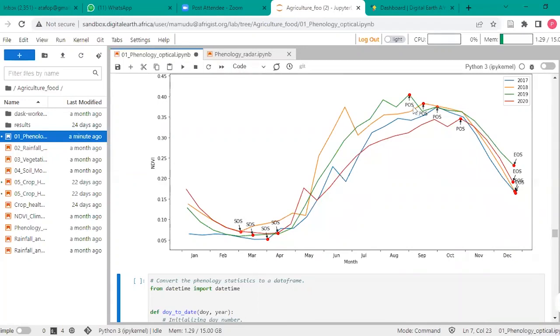The peak of the season too, in 2020, we had the latest peak of season, but we can see that the seasons ended almost all at the same time in the year. But we also see that 2019 had the highest NDVI even at the end of the season. So this gives us a graphical representation of the phenology across the 4 years of study.